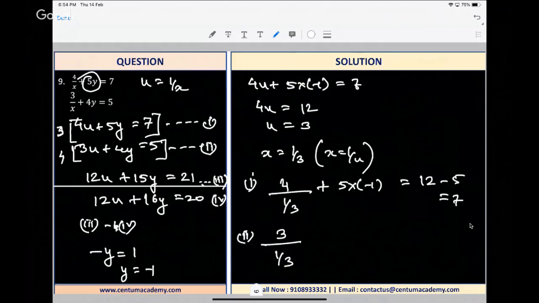That is 3 upon 1 by 3 plus 4 into y, and I'm sorry, y is minus 1. So this is 9 minus 4, which is 5. So this is also true. Both are correct. So hence our solution was correct.